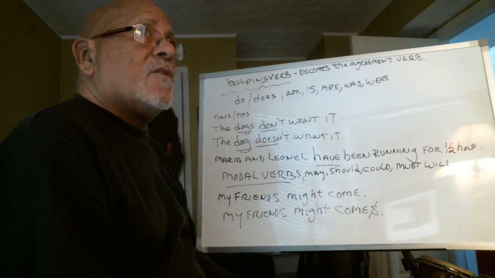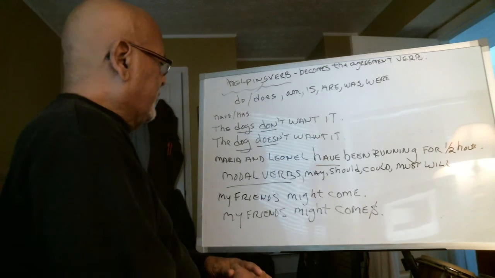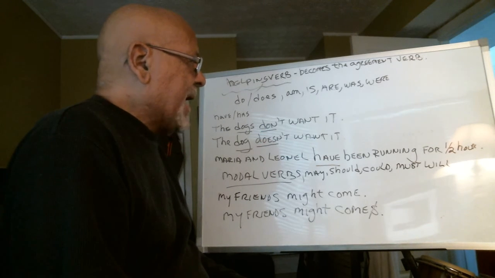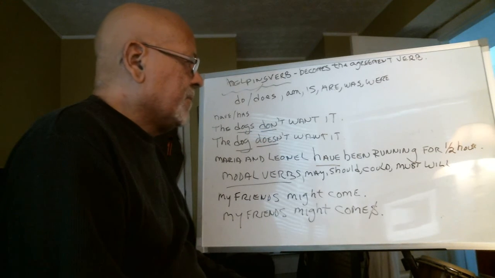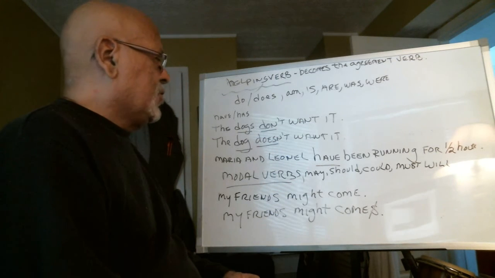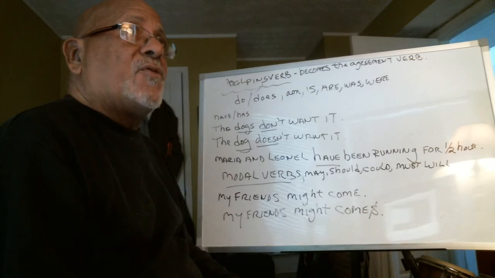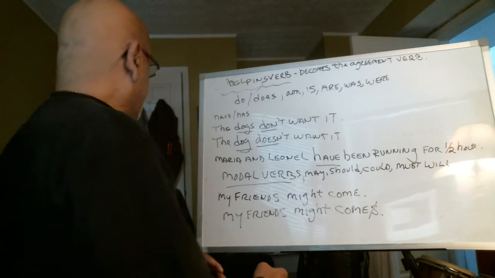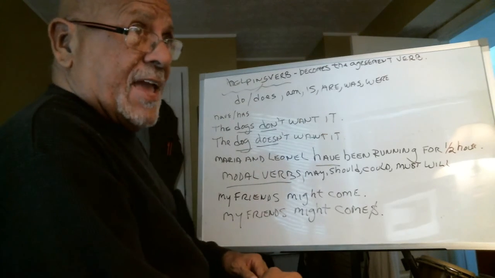And the main verb never takes an S. So if the sentence read, my friends might come. My friends might come. You would not say, my friends might comes. Never.